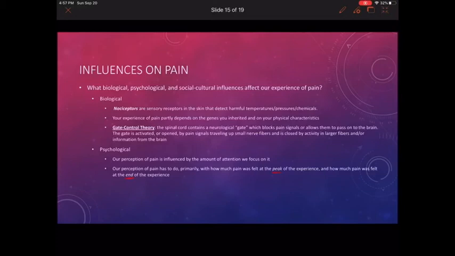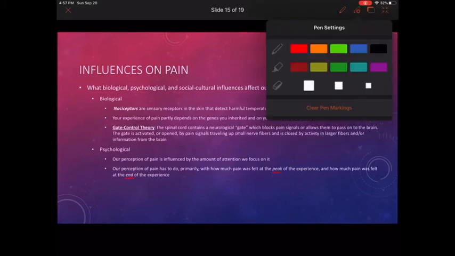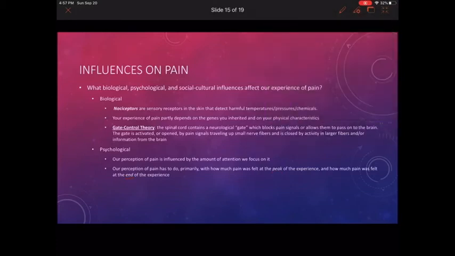The people in the sample who experience the shock at the start of the study have time to forget about it, and so by the end they're like, oh, it wasn't really that bad. But people who experience it at the end, they have a fresh memory of it, so they say that it actually hurt more than the people who were in the other group. So our perception of pain primarily has to do with how much pain we felt at the peak, at the worst part of the experience, and at the end of the experience.